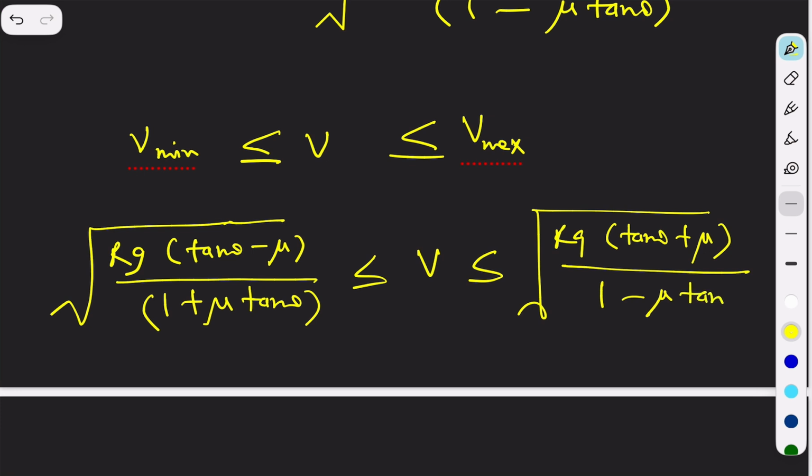So this is the range of speed that you could have when you are moving on a same radius circle on a banked road. So you will have a range of speed now.